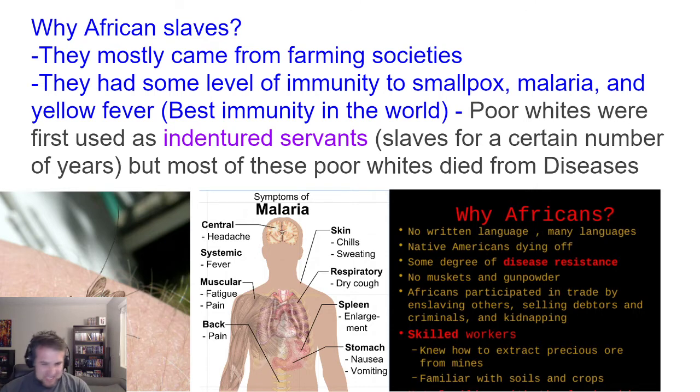The mosquitoes and the diseases in tropical environments just wrecked white people for this entire time period. So Europeans always had to be health conscious whenever they were in a tropical part of the world, and they said, we can't be outside for that long. We've got to have other people do the work, and they're taking people out of Africa to do it. Okay, moving on.